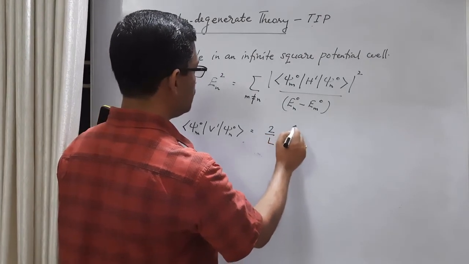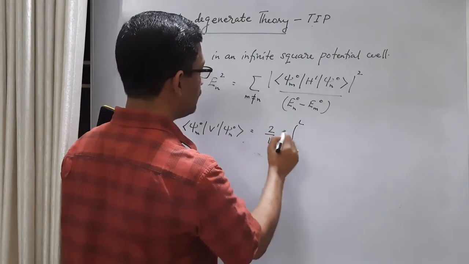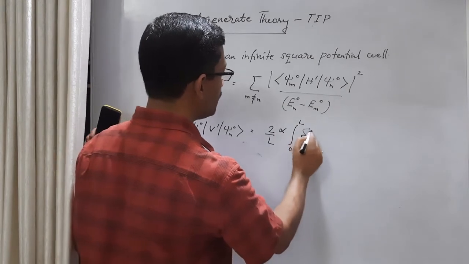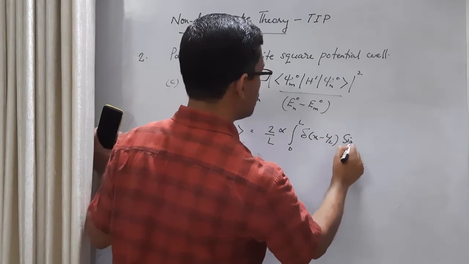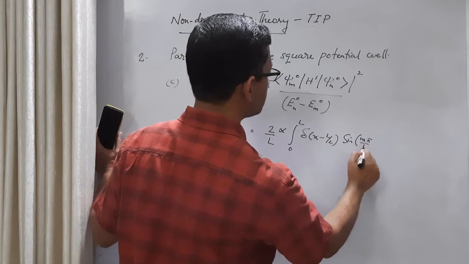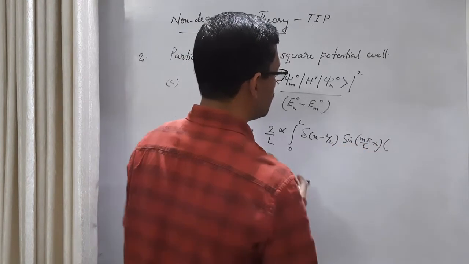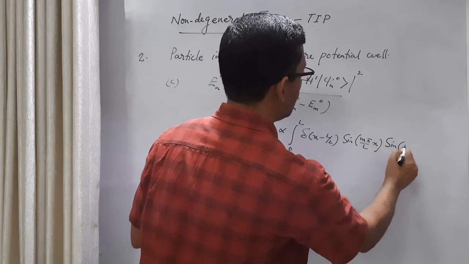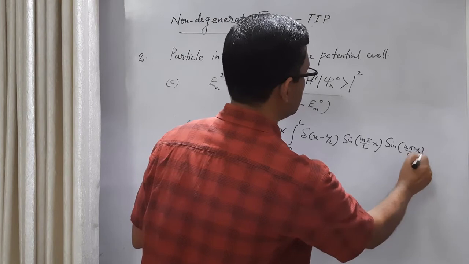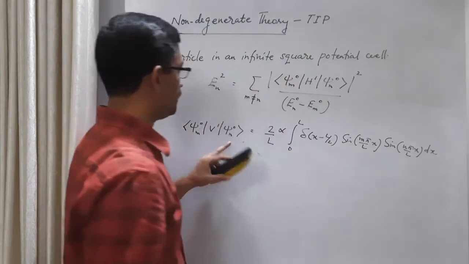So okay, the integral is from 0 to L, and the perturbation you have a constant alpha outside, delta x minus L by 2 sine m pi by L into x into sine n pi by L into x dx, right?